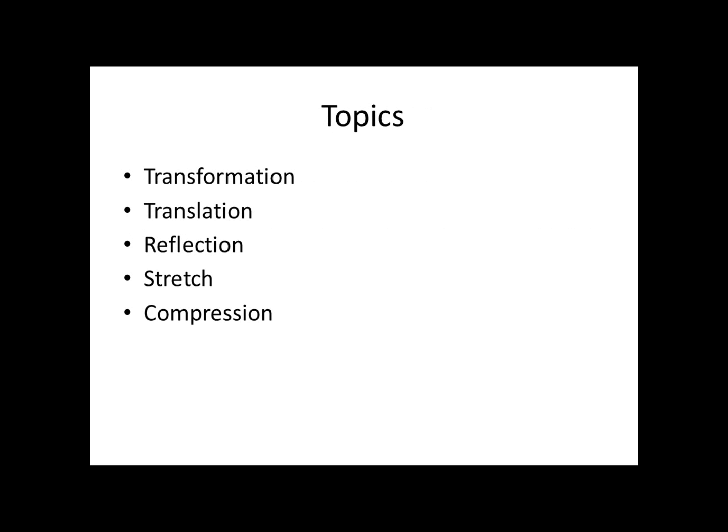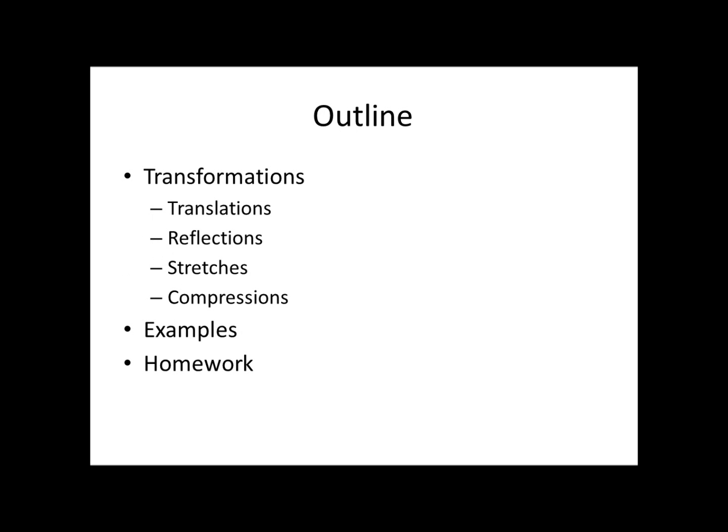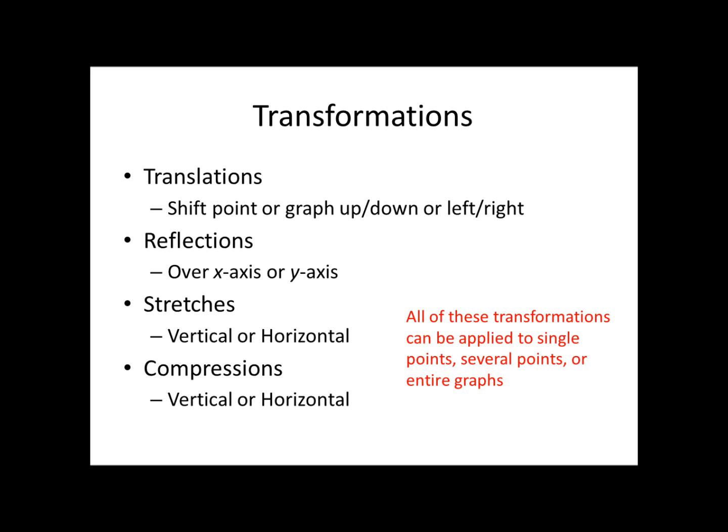Our topics for this lesson include transformations and the different types of them: translations, reflections, stretches, and compressions. In this video, we're going to take a look at each of those types of transformations, and then we'll cover some examples. Now, the different types of transformations include translations, taking points or graphs and moving them up, down, left, or right, or some combination.